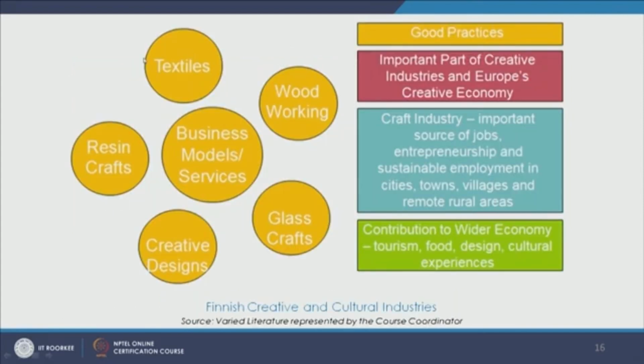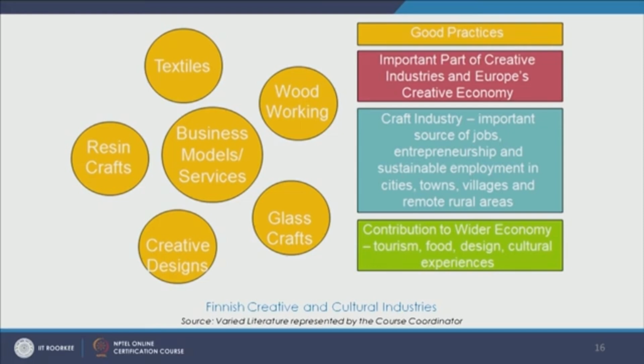We try to also see the overall umbrella. We try to see some international scenarios, and we also understood how European creative industries also contribute in the generation of GDP and economy, and what is so particular to Finland, and we also saw some examples from Japan.